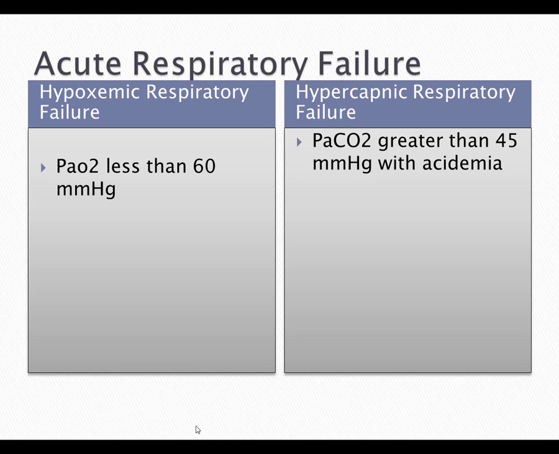So the best way to reverse that is actually to probably intubate that patient at that time and help them breathe off some of that CO2. Many times patients have both types of these respiratory failures.